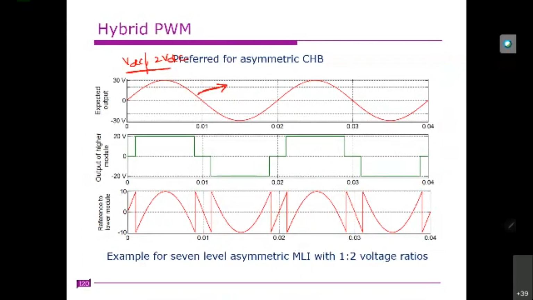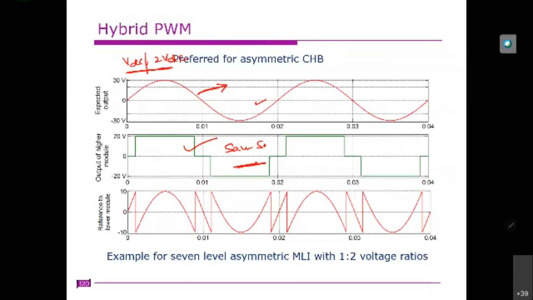In the first step, we will operate the H bridge having the highest voltage and obtain this quasi-square waveform. This is the output voltage that we require, right? So we already obtained this output voltage.